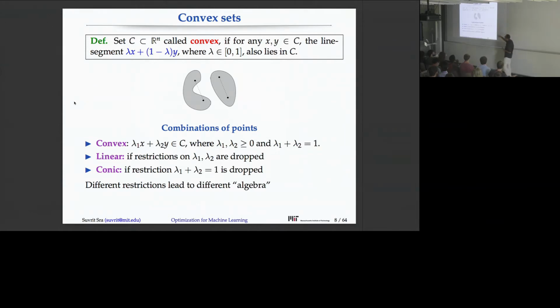If you remove this equality, then you get what is called a conic combination. If you keep the non-negativity, but you just drop this. And different restrictions on how you combine your objects lead to different kinds of algebra. So linear algebra, clearly everybody must have seen during their undergraduate. So that deals with this world.